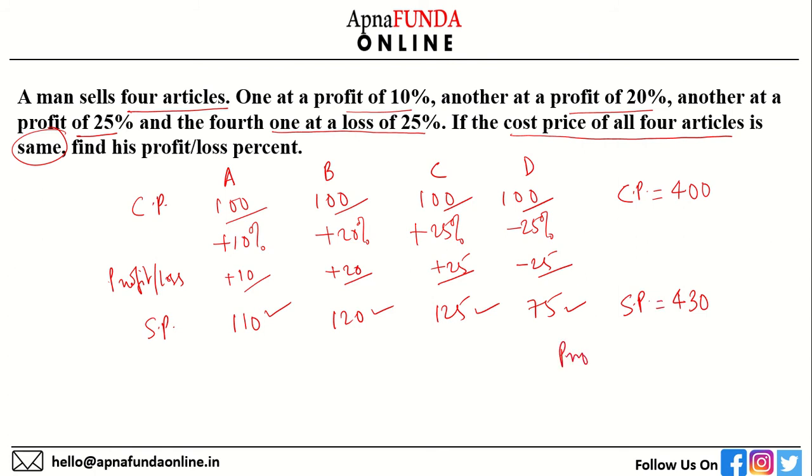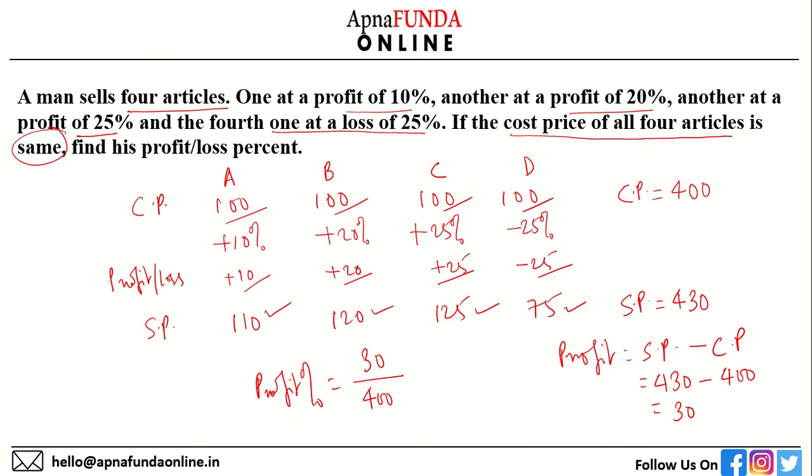This is a situation of profit. So profit, selling price minus cost price, which is 430 minus 400. This is 30. So our profit is 30. So profit percent is equals to profit by cost price into 100.